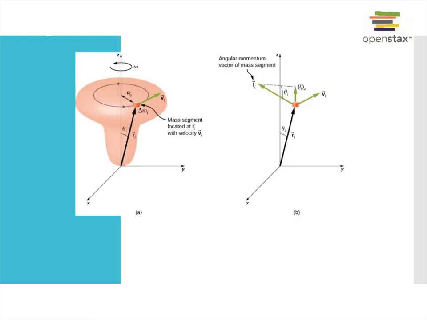Now, so far when we've been talking about angular momentum, we've been talking about point masses, but we would like to look at the angular momentum of a rigid body. And so what we're doing here is we have this very odd-shaped object, and it's spinning around its axis.